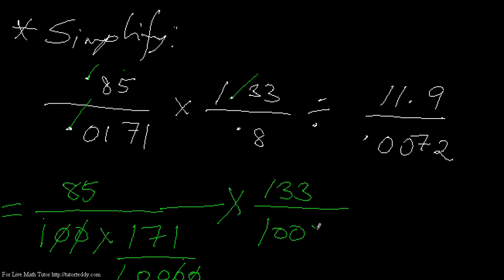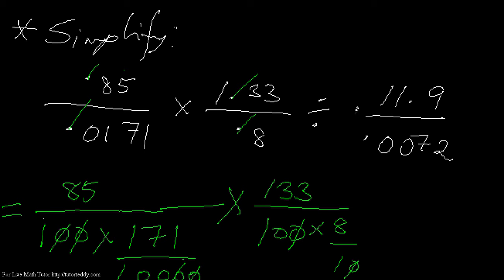Into I have 0.8. So if I remove this point, I am left with 8, but I have to divide 8 by 10. Why 10? Because I have the decimal point only after one number. Here also 1 0 is here, 1 0 is here, so that gets cancelled.